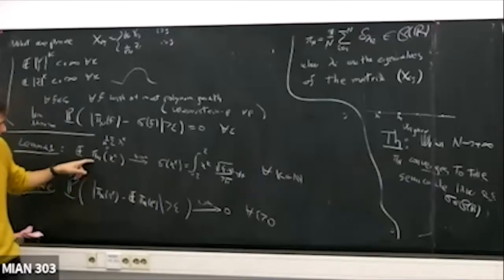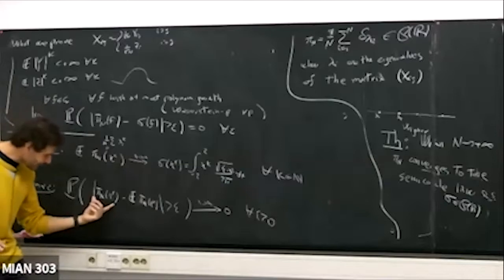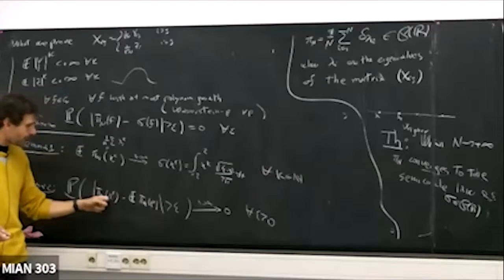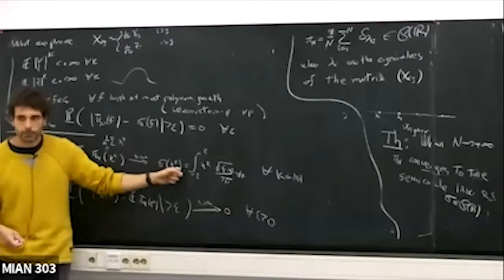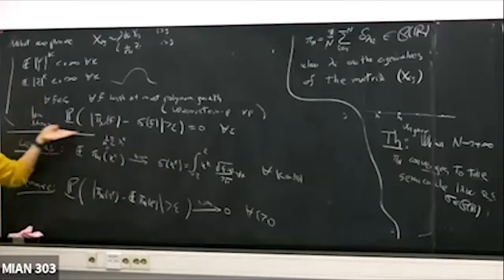The expected value is close to sigma, and the random variable I'm interested in is close to the expected value. So pi n of a polynomial is close to sigma of the polynomial, so pi n of a function will be close to sigma of the function, and that's what it means in the theorem.